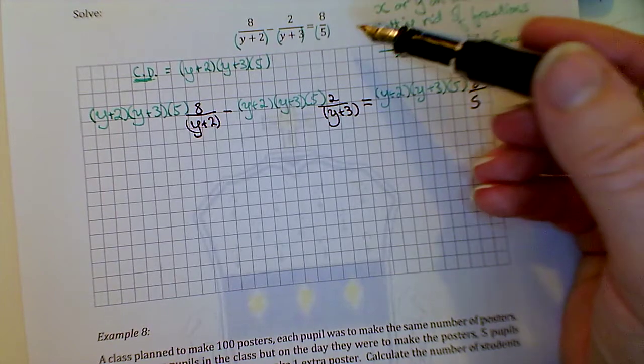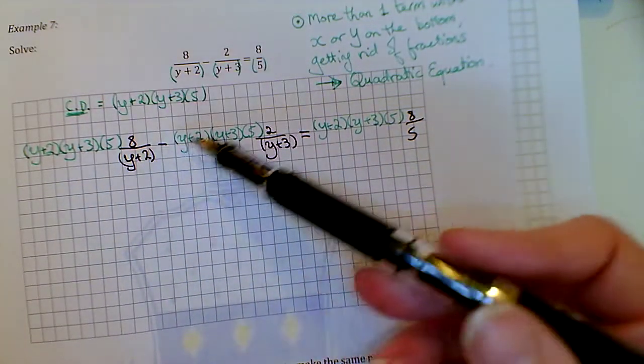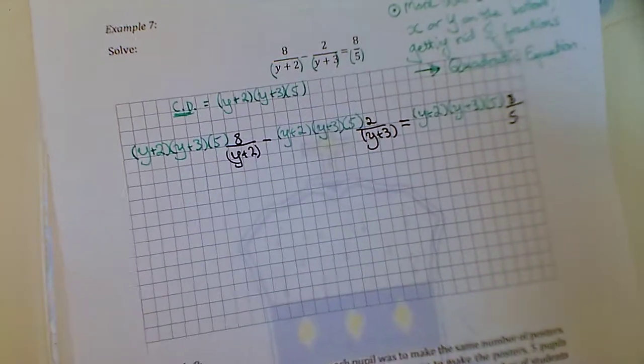We'll start to do this really quickly. It looks a bit time consuming right now. Okay, so that's exactly the same as what I have written up here. I've just written it down here, but each term is multiplied by my common denominator.